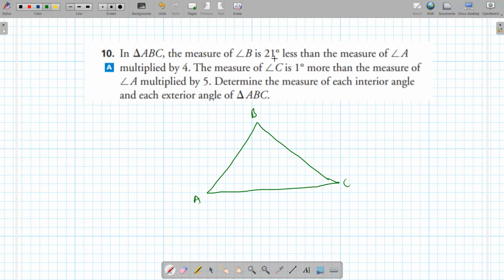B is 21 less than A multiplied by 4. So if A is x, what's B in terms of x? 21 less than A multiplied by 4.